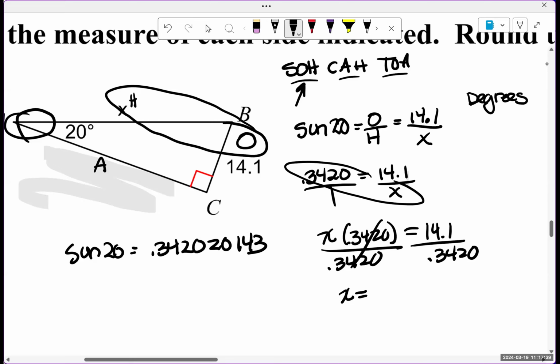X is equal to... do we get 41? 41.225. Round your answer to the nearest tenth. X equals 41.2.